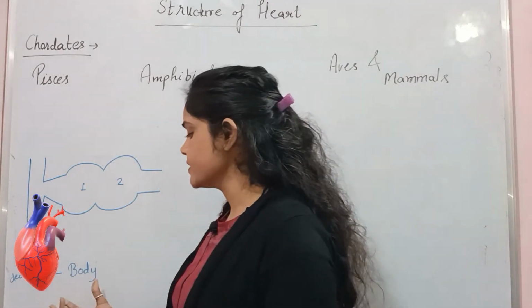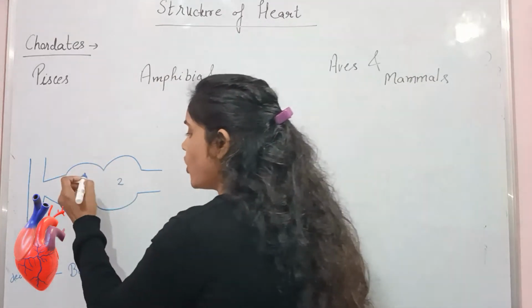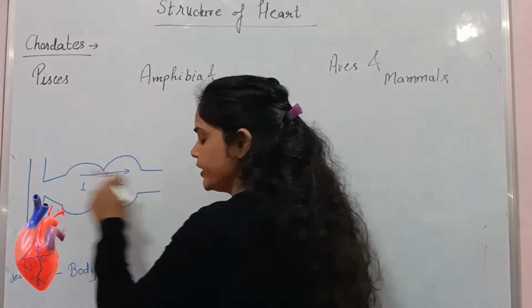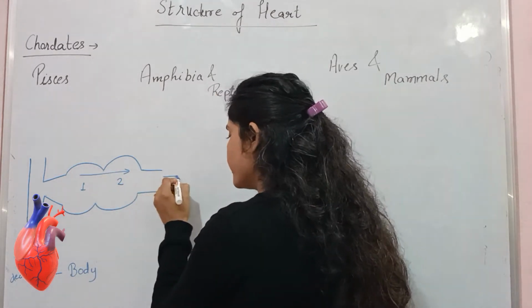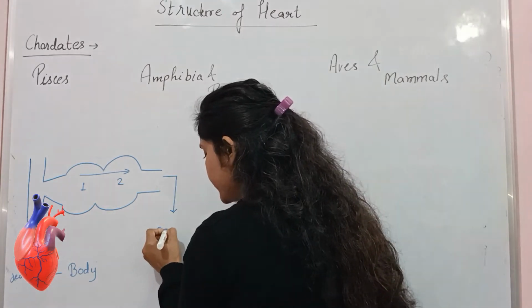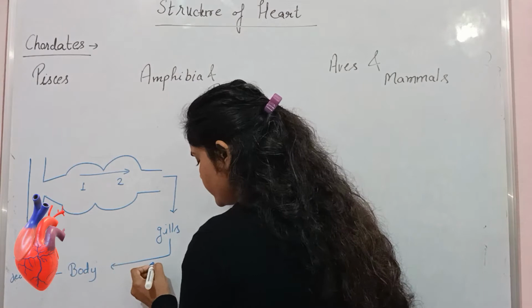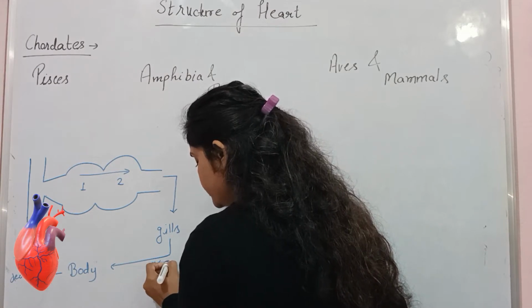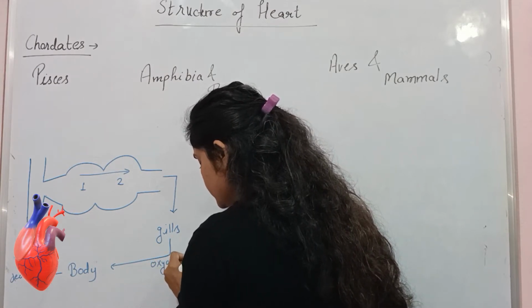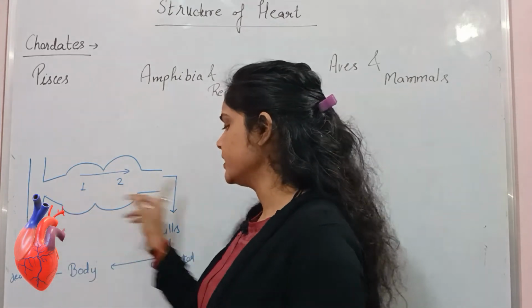The deoxygenated blood is circulated, and finally it is taken up by the gills, where it is made oxygenated, and then this oxygenated blood is transferred to the body.